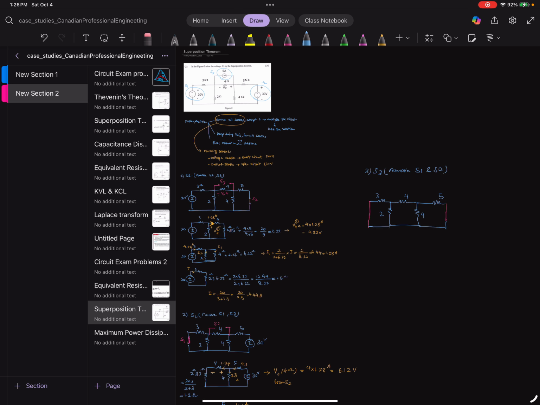And you're like, oh, you forgot the S3. No, I haven't forgotten it. It's right here. 5 amp comes here.